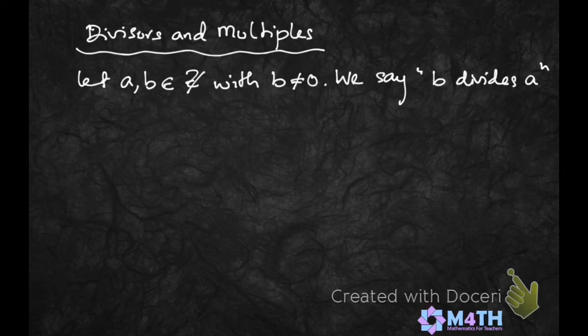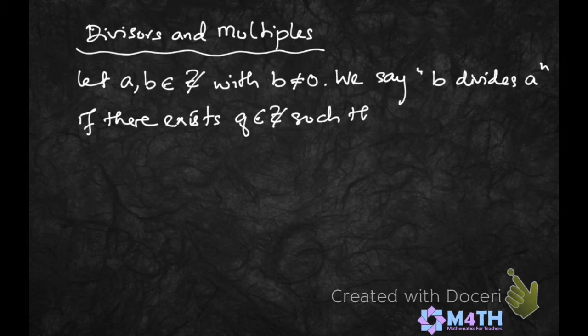We say B divides A if there exists an integer q where we can write a equals bq. Okay, if we can find an integer q such that the equation is satisfied, so we can also write this symbolically.